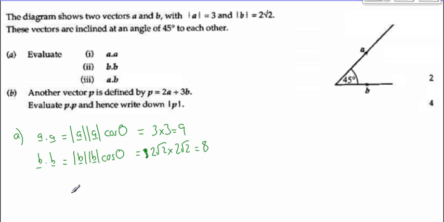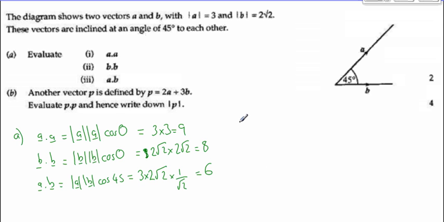And then lastly, A dot B, our last line of part A, I should say, is going to be magnitude of A times magnitude of B cos the angle between them, which is 45. So magnitude of A is 3 times magnitude of B, which is 2 root 2, and cos 45 is 1 over root 2. Okay, and then simplifying that, your root 2's will cancel, and it will just be equal to 6.